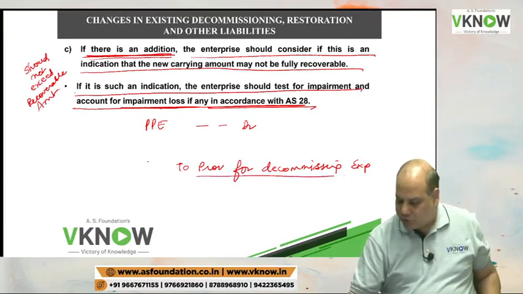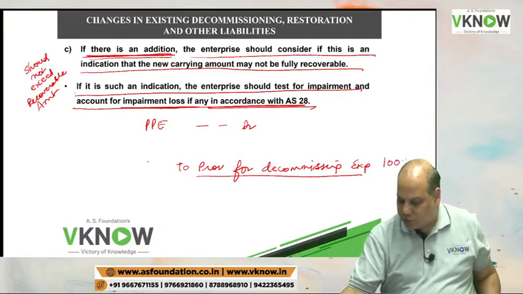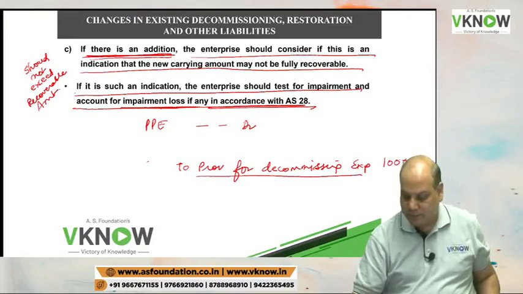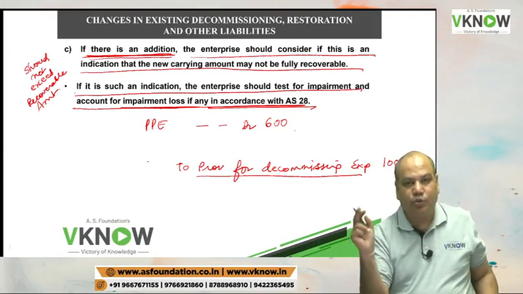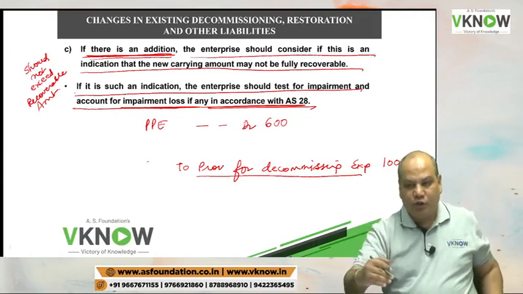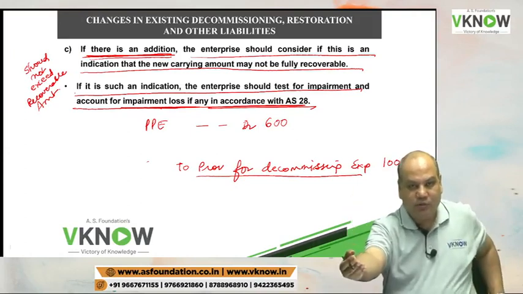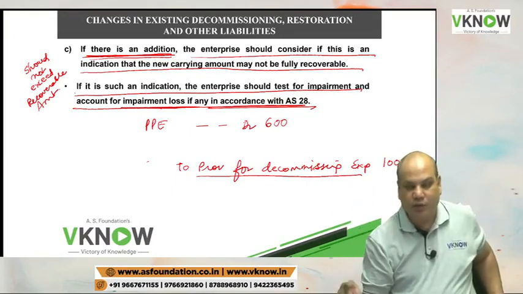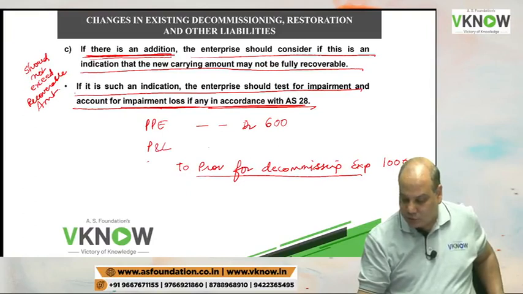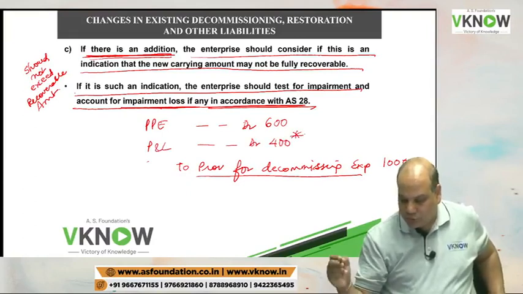Suppose I have to increase the provision for decommissioning expense by 1000 rupees, but I can increase the PPE account only by 600. Otherwise, if I debit more than 600, it will exceed the recoverable amount. So the standard says, don't worry, the remaining you can debit to the P&L account.